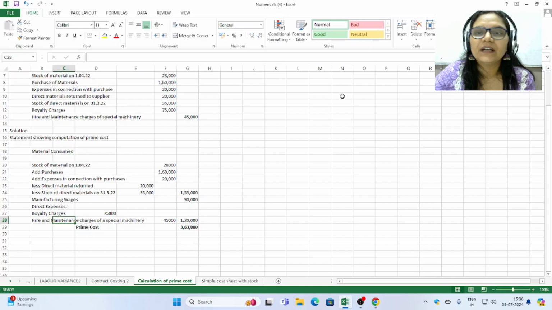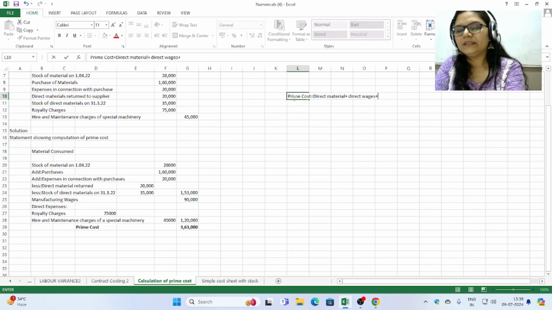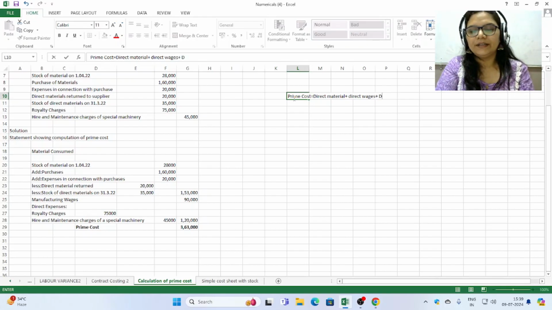If we see in a lump sum, prime cost, in a very brief equation, if I have to summarize, it is direct material plus direct wages plus direct expenses.